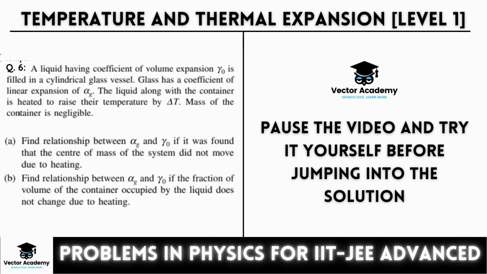A. Find relationship between alpha g and gamma if it was found that the center of mass of the system did not move due to heating. B. Find relationship between alpha g and gamma if the fraction of volume of the container occupied by the liquid does not change due to heating.